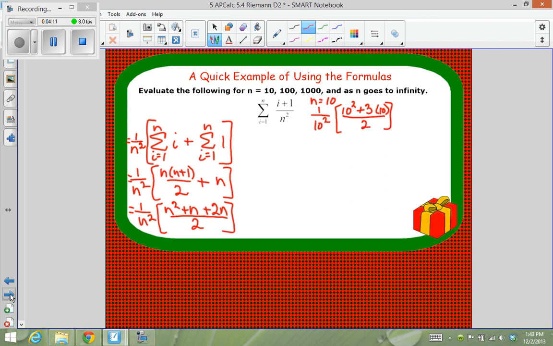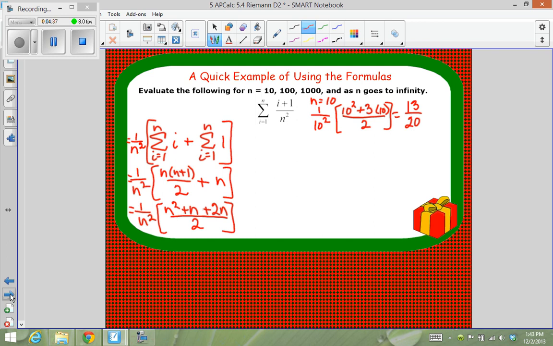Okay, so there's your 1 over n squared, and n squared plus 3n all over 2. You've got what? 130 over 2 is 65 over 100, and that would reduce to 13 over 20, I believe. So there's your sum, not a problem. If you want n equals 100, you just plug 100 in everywhere that we plugged in 10.